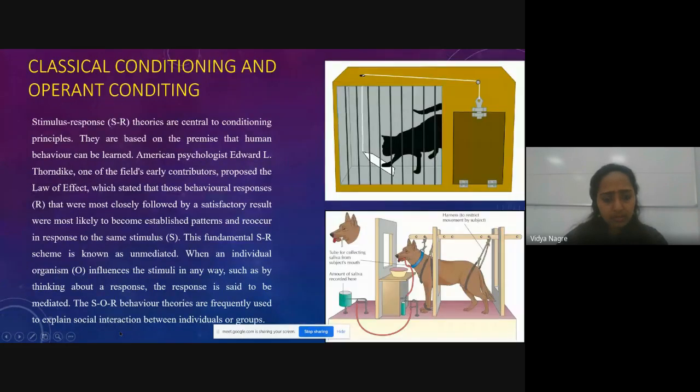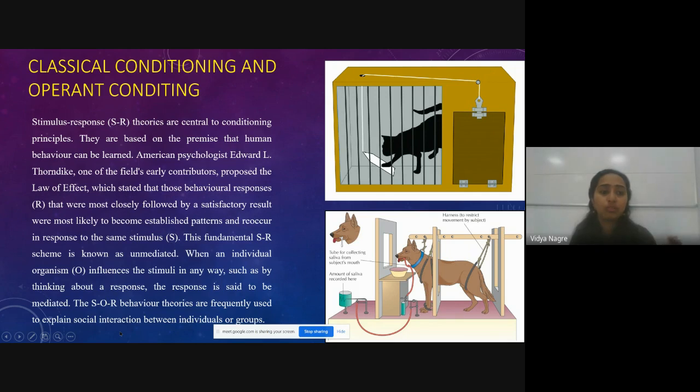The next theory that some of you might be aware of is classical conditioning and operant conditioning. Pavlov came up with classical conditioning with the dog's experiment. When a dog is given proper stimuli, a response comes.